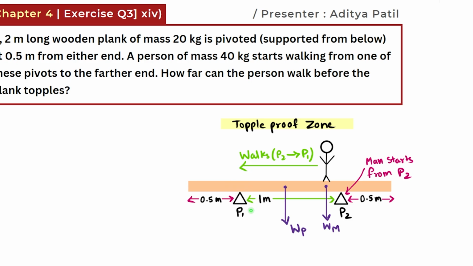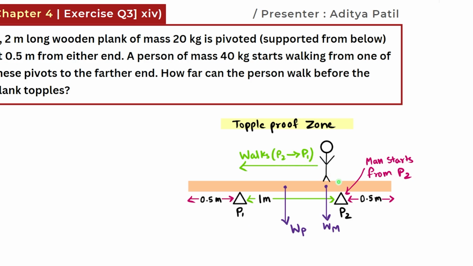Now second half of the question में हमसे बोला गया है कि there's a person who decides to walk on this plank and he chooses either one of these pivots as its starting position. So let's say कि हमारे person ने P2 को choose किया है as its starting position and now it is moving towards the other pivot, that is P1. So walking from P2 to P1.